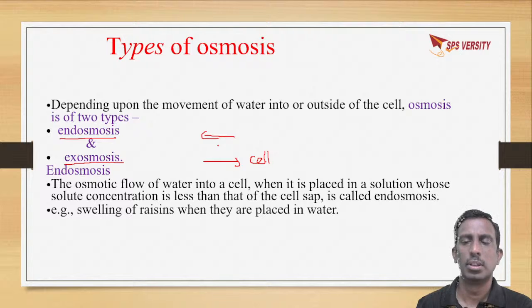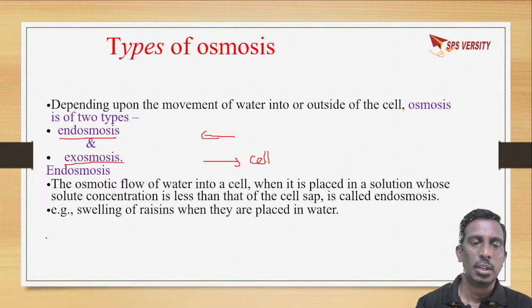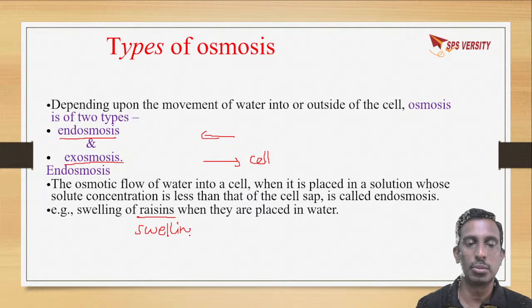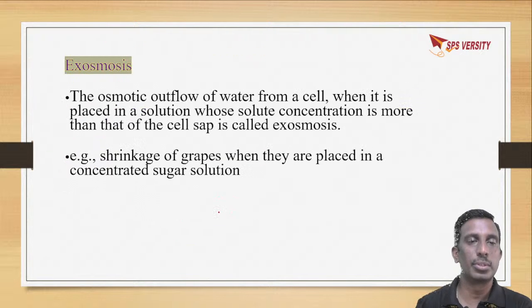Okay. If we keep raisins, the dried grapes, in water, after some time the raisins will swell due to absorption of water, due to entry of water into them. That is, water enters the cells, which is endosmosis.